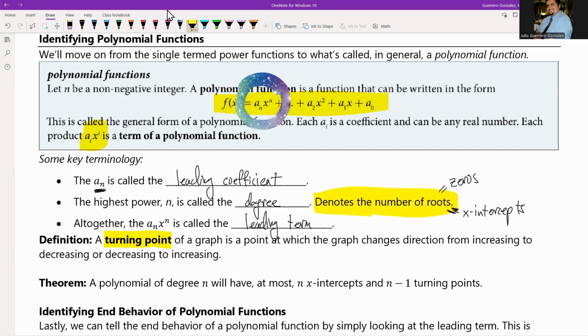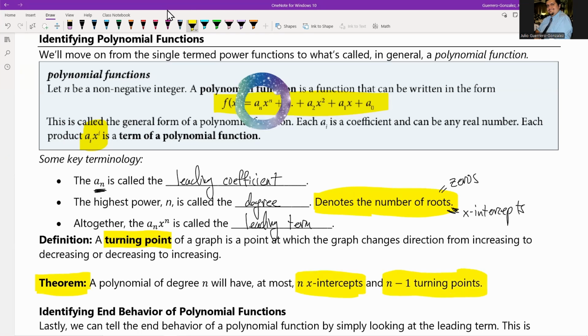That's it. Now, what's important for this is the theorem that follows. Suppose you have a polynomial of degree n. Then that means you have at most n x-intercepts and at most n minus 1 turning points.